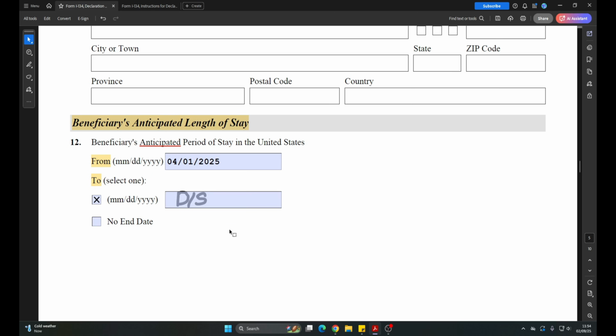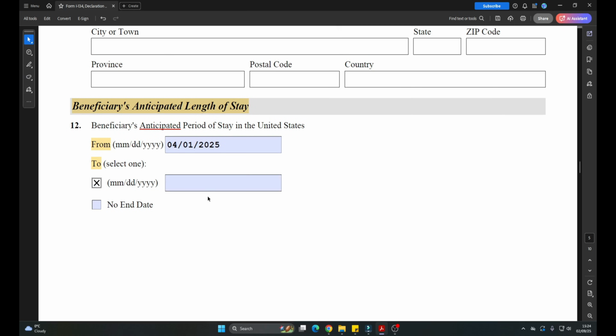Their student status will be valid as long as they are in school, even if it takes them longer. Someone who is arriving here on a B visa, for example, the longest you can stay is 6 months. So you can provide a date that is 6 months from the day when you anticipate to enter the United States.